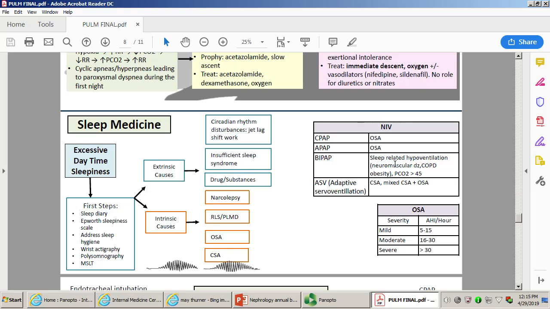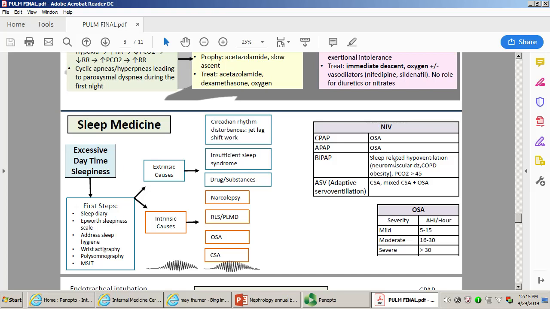How do you differentiate? So this is number 10. How do you differentiate central sleep apnea from obstructive sleep apnea during the sleep study? You can see Cheyne-Stokes breathing with central sleep apnea, but what physically are you testing during the sleep study? Obstruction, there's just a pause.